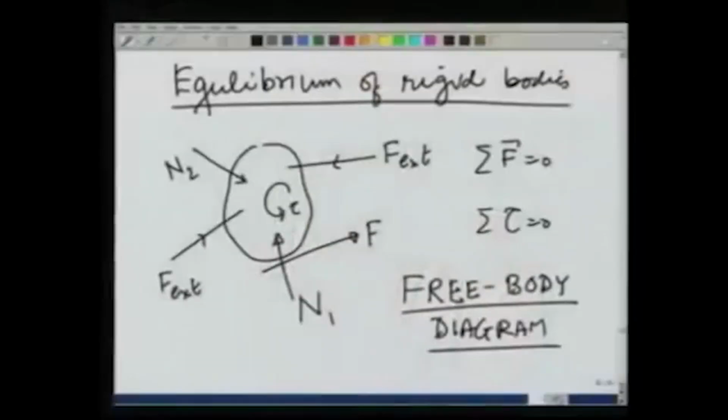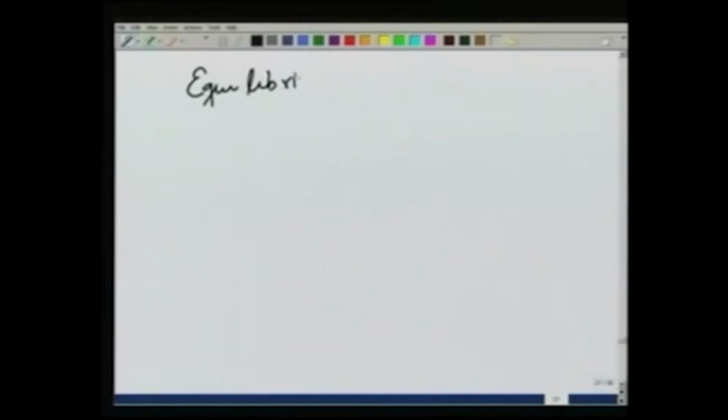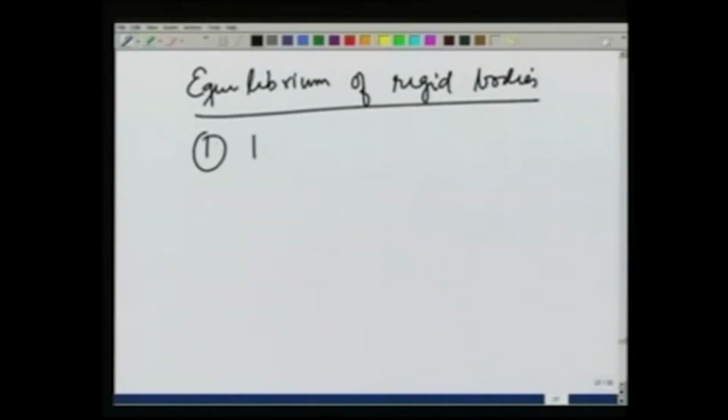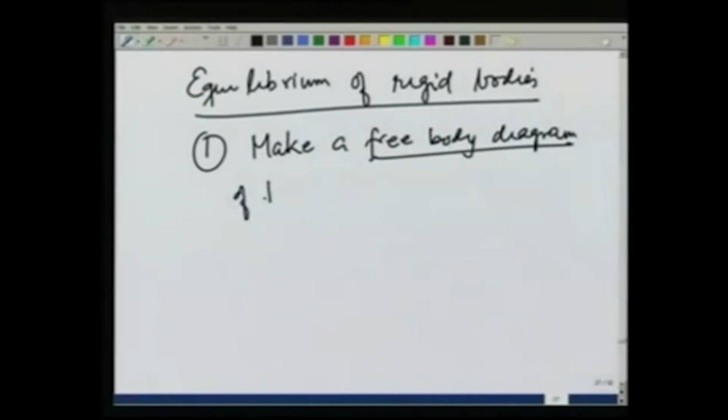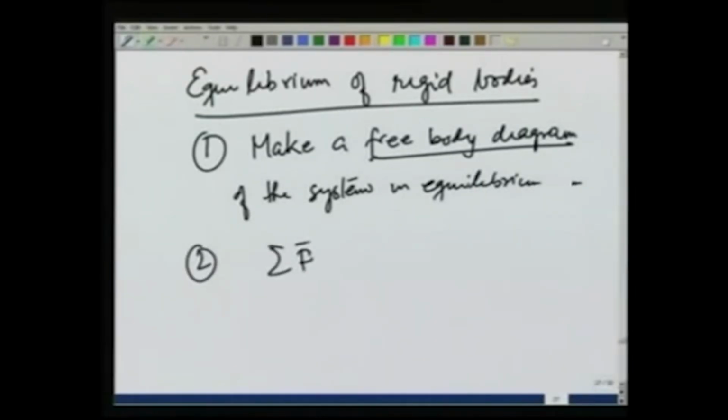So, in considering the equilibrium of a body, the first thing we do, step number 1, is make a free body diagram of the system in equilibrium, and 2, apply the conditions summation F is equal to 0 and summation tau is equal to 0 and solve it.